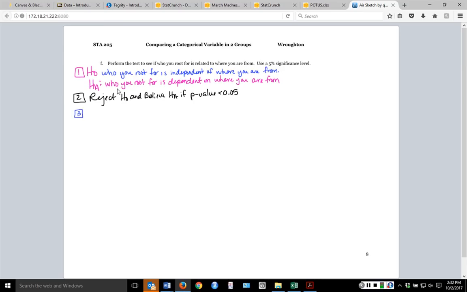Our third step here is the conditions first. So first we need to check to see how our sampling method was done, which doesn't seem to have any bias to it.